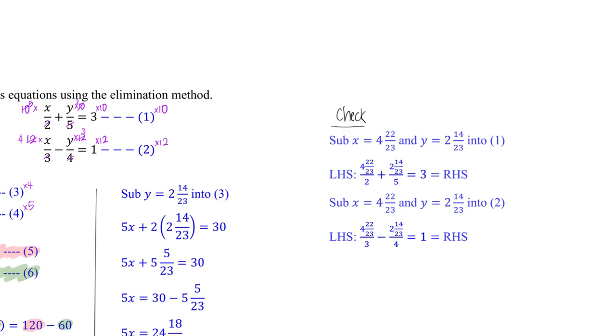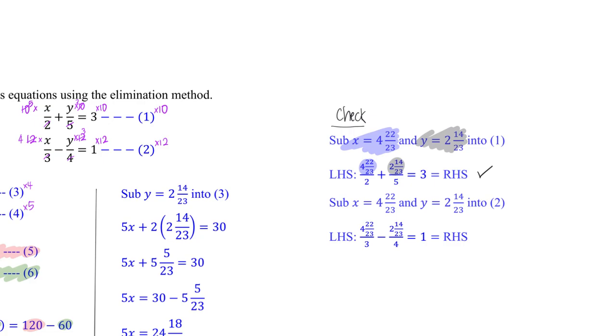So as you can see, I'm substituting x over 2 plus y over 5, and when I calculate this, yes, it does give me back 3. So we are correct.